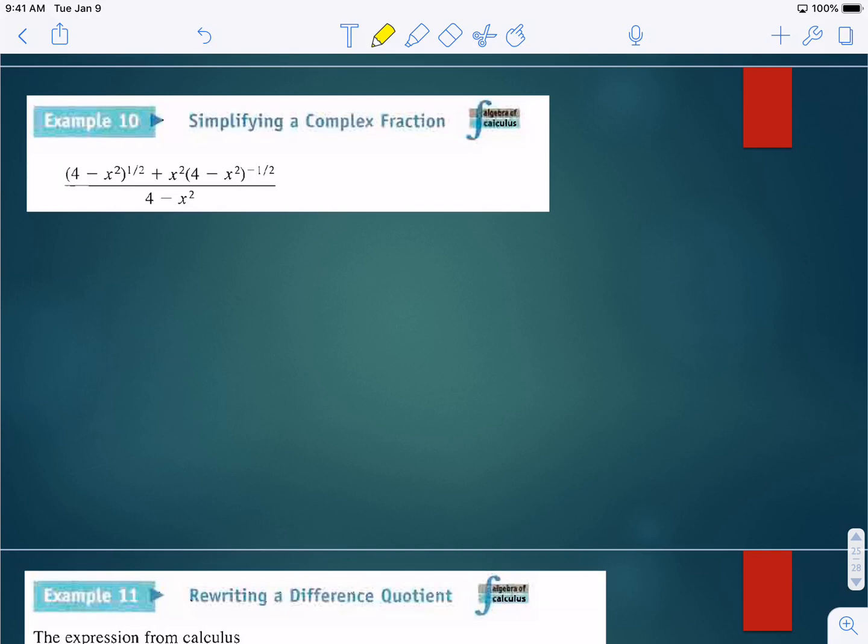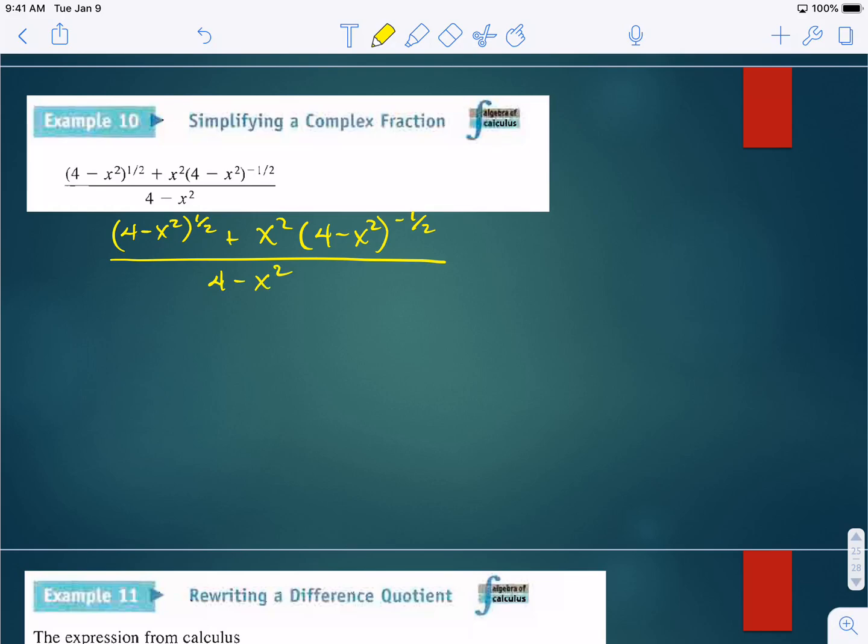So if we take the original problem, 4x squared to the 1/2 power plus x squared times 4 minus x squared to the negative half power, all over 4 minus x squared.